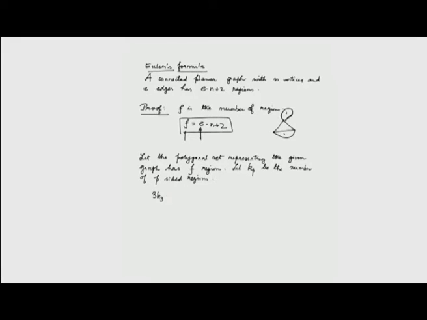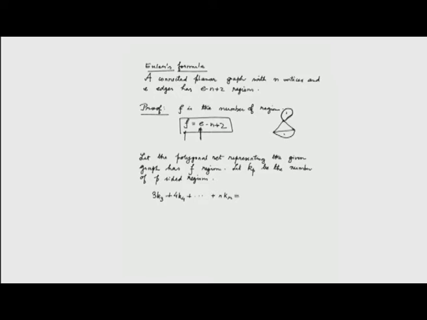So, the faces will be polygons, and let us say that K p is the number of p sided regions, that is, p sided polygons as regions. Now, if this happens, then there are K 3 many 3 sided regions, and so the number of edges associated will be 3 into K 3, then similarly 4 into K 4, and similarly if we go on, r into K r.